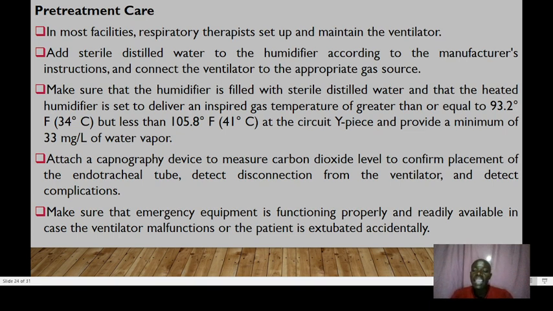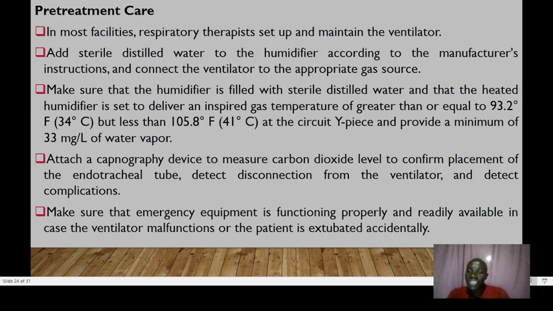and that the heated humidifier is set to deliver an inspired gas temperature of greater than or equal to 34 degrees Celsius but less than 41 degrees Celsius at the circuit Y-piece and provide a minimum of about 33 milligrams per liter of water vapor.